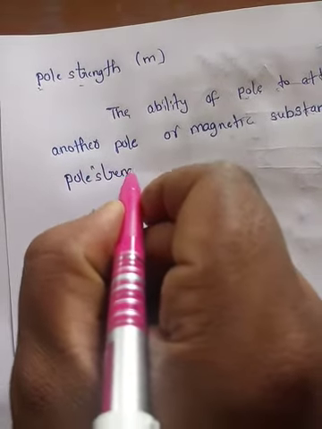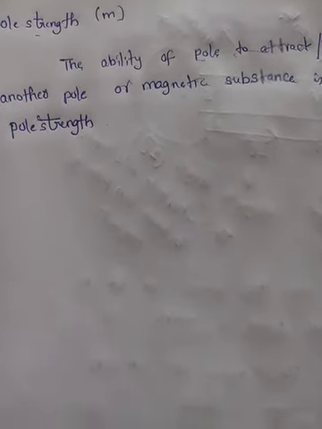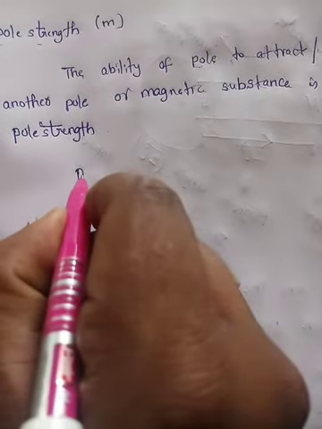Pole strength. So, that property of the substance is called pole strength. Now, we have some properties of poles.